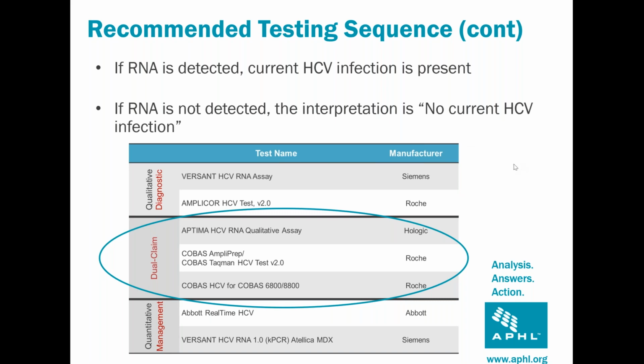So the advantage here is that in the algorithm for HCV, you could confirm with one of these three tests, and besides completing the diagnostic confirmation, it can also provide a baseline quantitative value for further clinical management. Next slide, please.